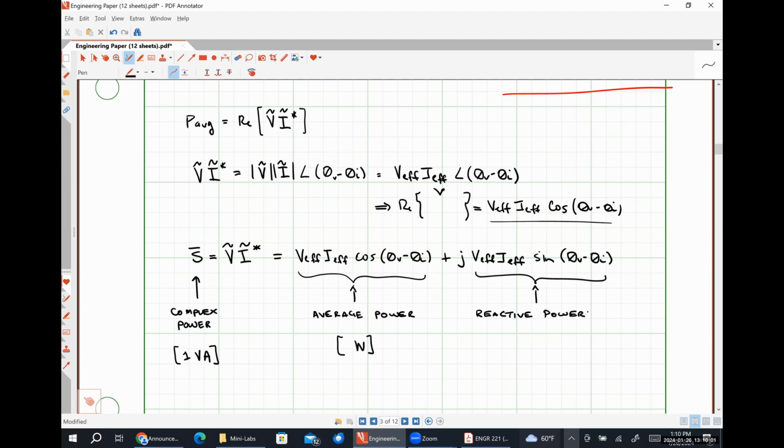And once again, we make up a unit so that we can distinguish this from average power and complex power. And so the units of reactive power are the volt amperes reactive.